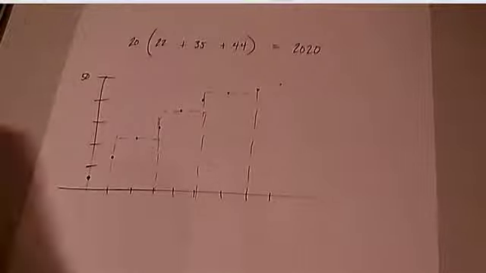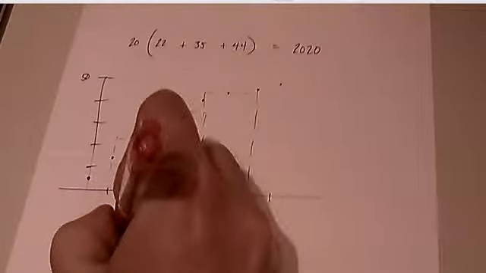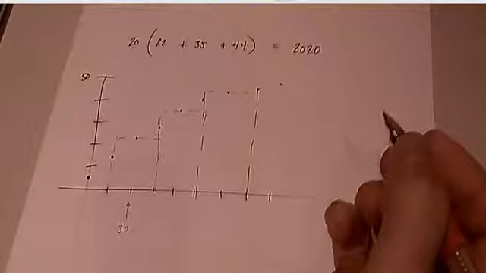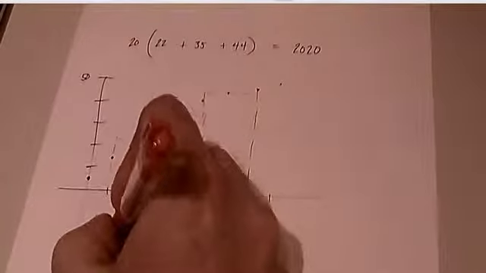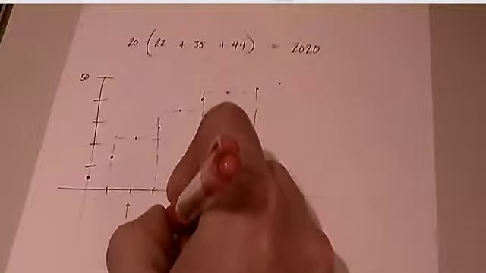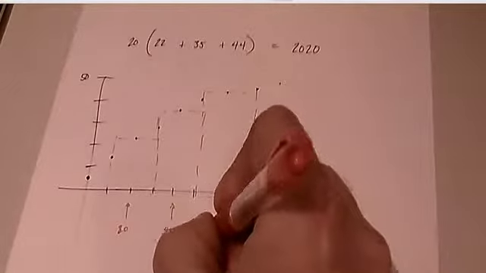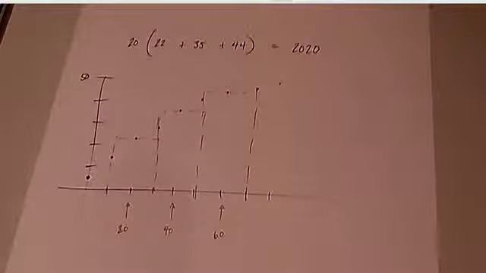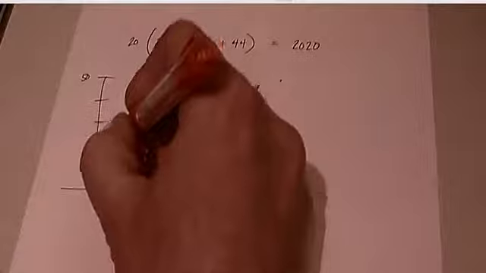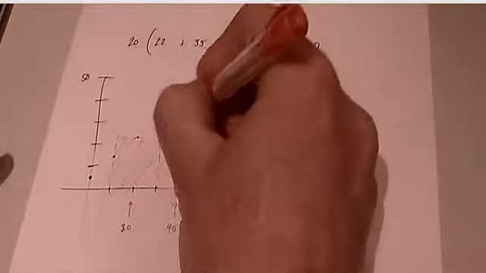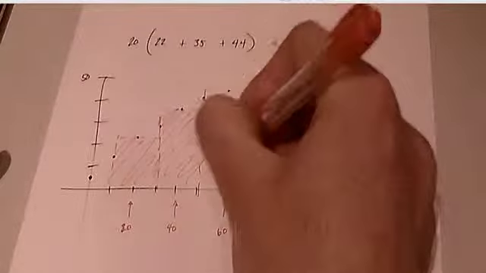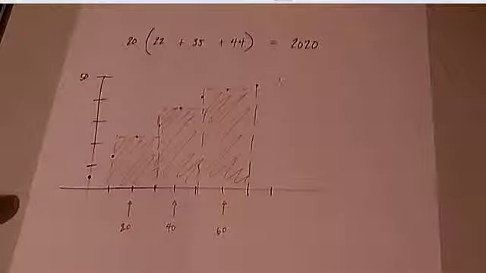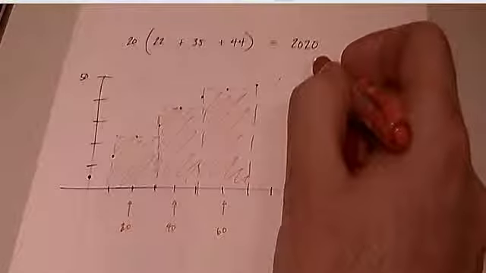You were asked for the midpoint output at 20, the midpoint output at 40, and the midpoint output at 60. That is going to give you an approximate area under whatever the actual curve is.